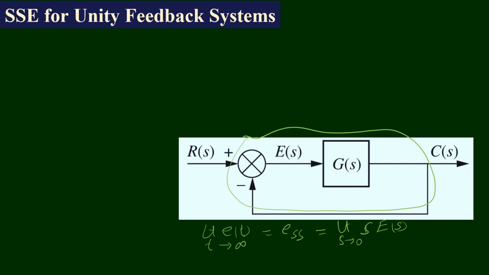Now in this lecture we will be considering the standard input signals like A u of t, the step signal, A r of t, the ramp signal, which we normally say is equal to A t u of t, and the parabolic signal A p of t, which normally we say is A t square upon 2 into u of t.